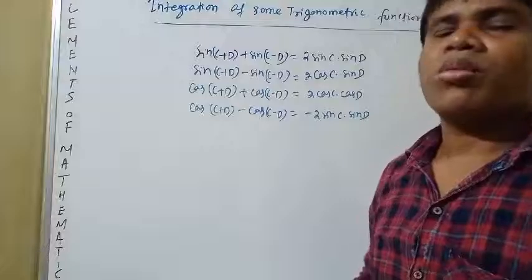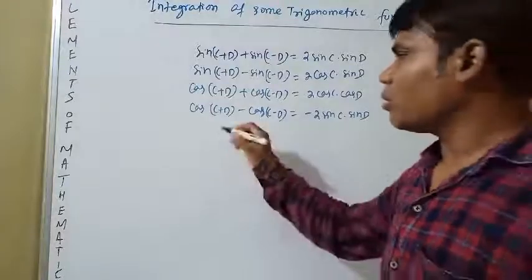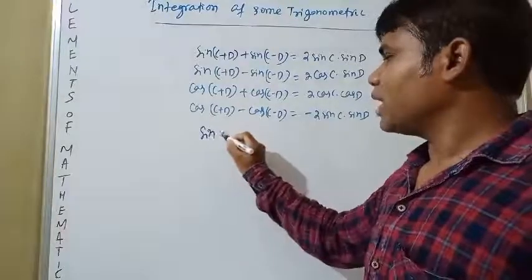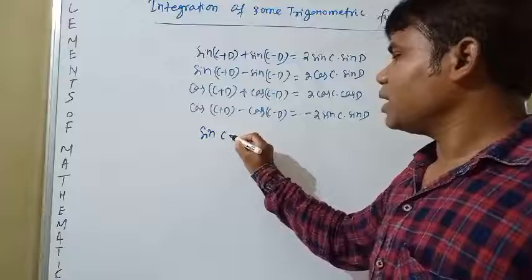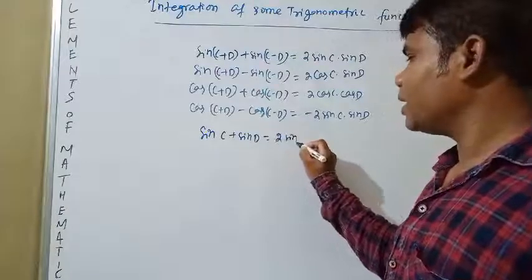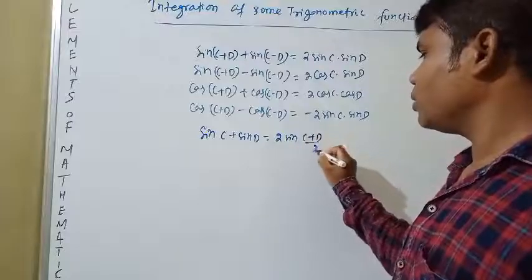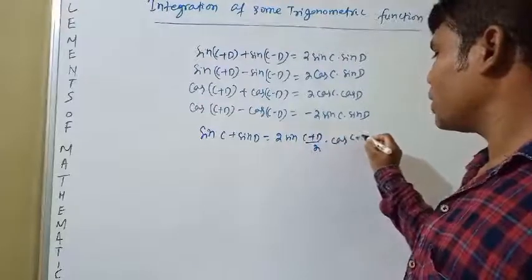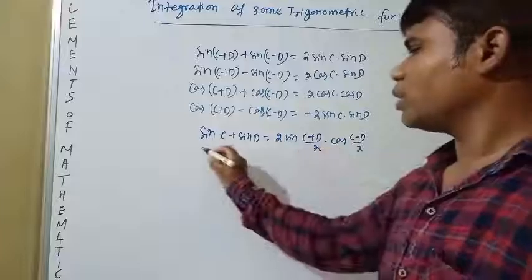You see, some more formulas are required. Another formula is sin c plus sin d is equal to 2 sin((c+d)/2) into cos((c-d)/2).